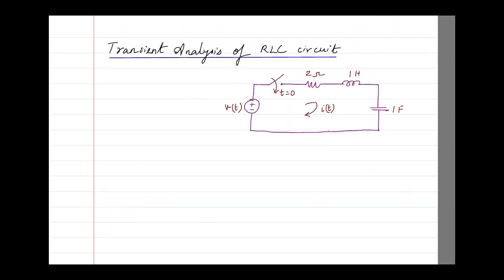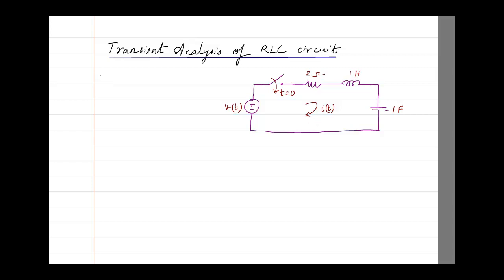Now here we are going to consider the case of an RLC circuit, and again we are going to find out the value of I of t. So what is our aim?